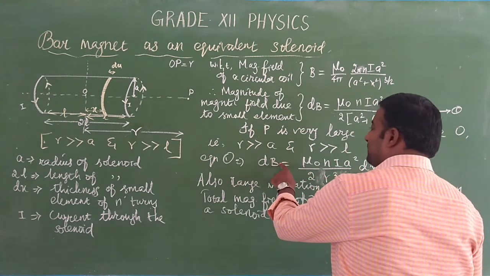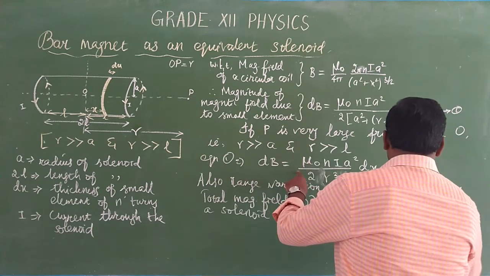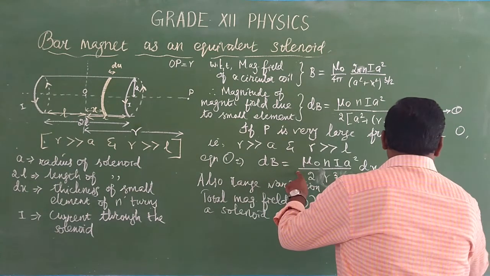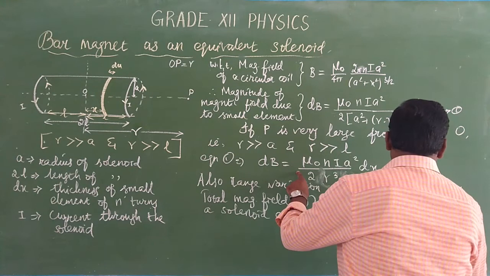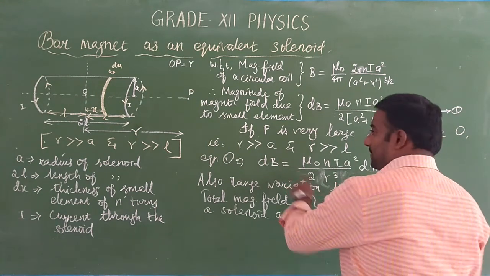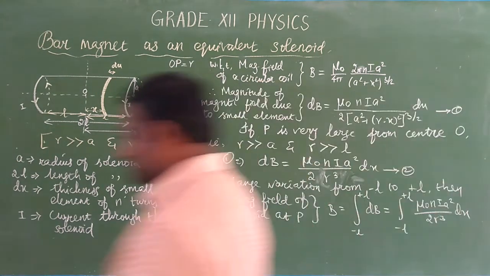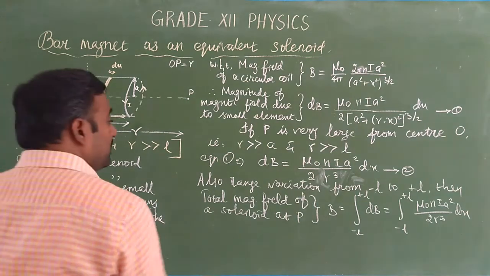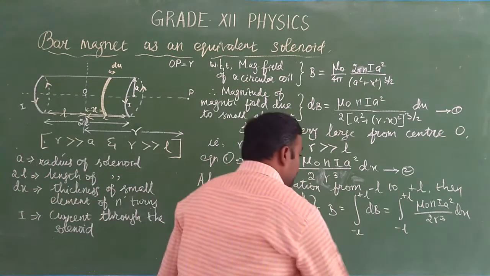What is the small magnetic field due to the small element? That is mu naught N I A square by 2 into R cube into dx. Now we are going to integrate that. The constants we take outside.